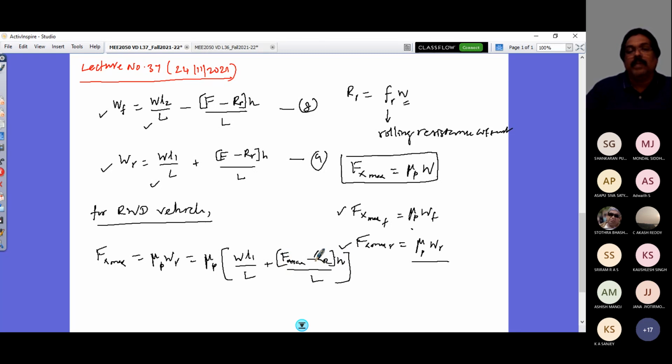Right. So this RR now can be replaced by Fr times W. So I have here the W term, here also the W term, and there is an Fx term here. So I have to group this on this side. So I require maximum tractive effort, so I have to bring this term on the other side. So it is going to be Fx max minus Fx max H by L, because the H is a common factor here and that comes on this side.